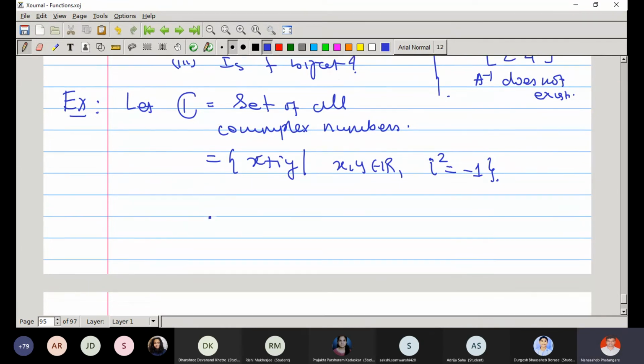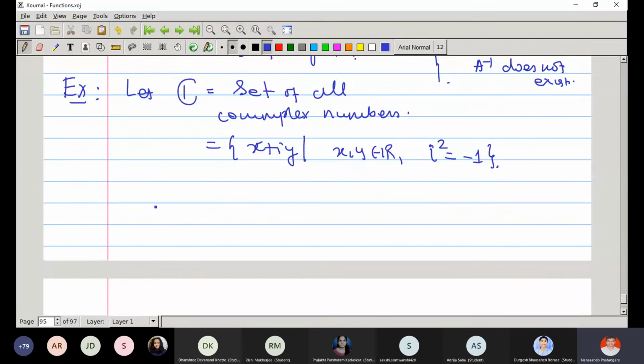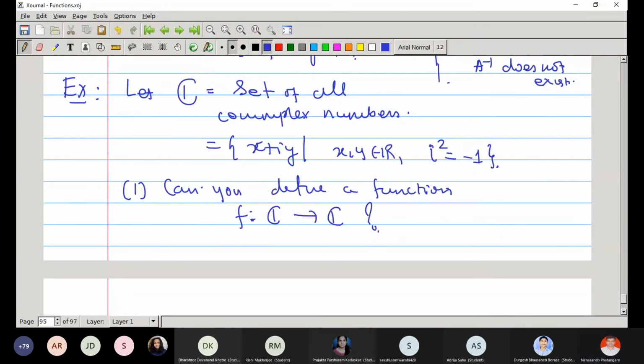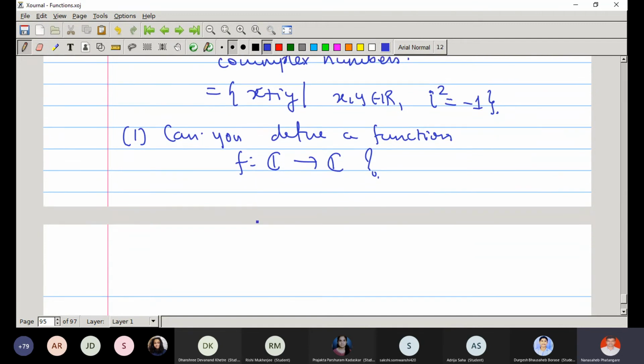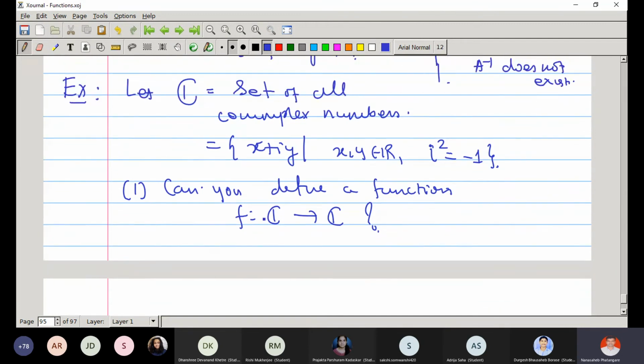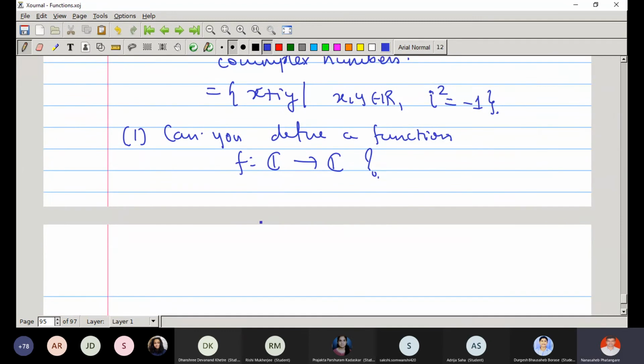Okay, what function can you define on the set of complex numbers? Can you define a function from complex number to complex number? That means if we apply a function on a complex number, you should get a complex number. Yes.